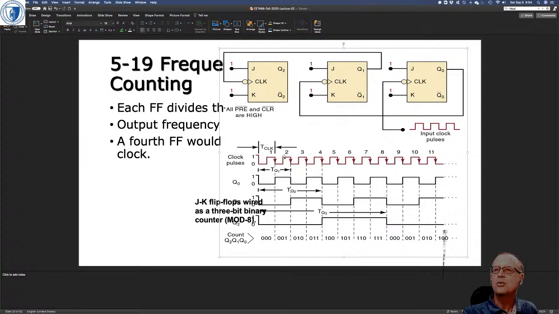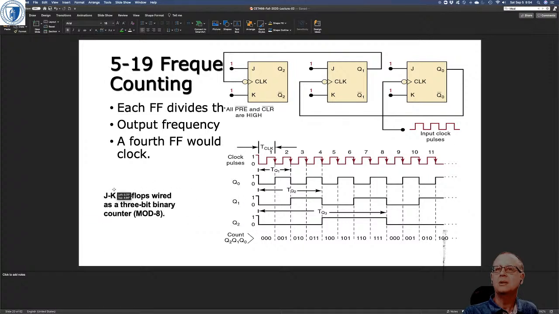So going from that clock to Q out is a division by 2. The frequency has gone from, say it started out as 100 Hertz, to 50 Hertz, right?